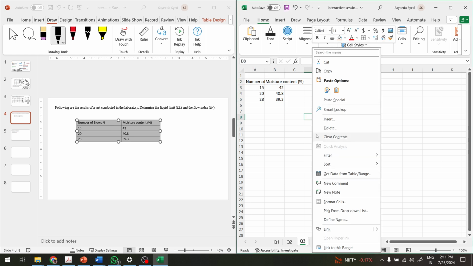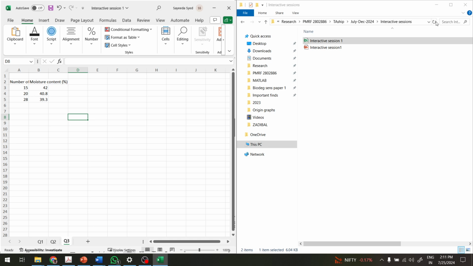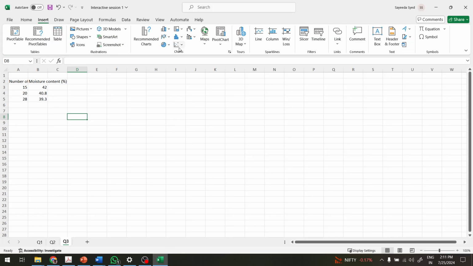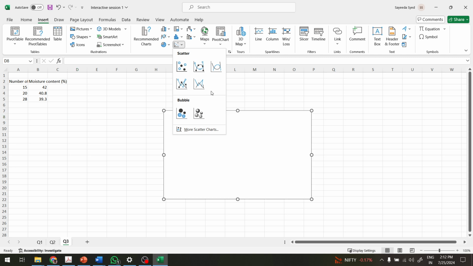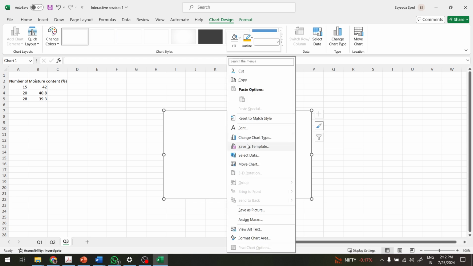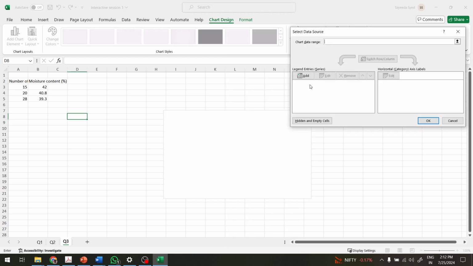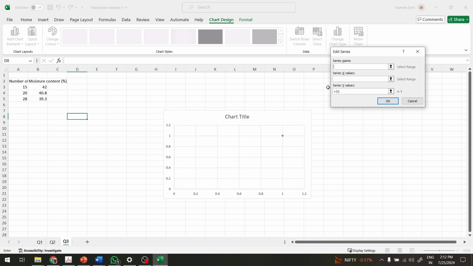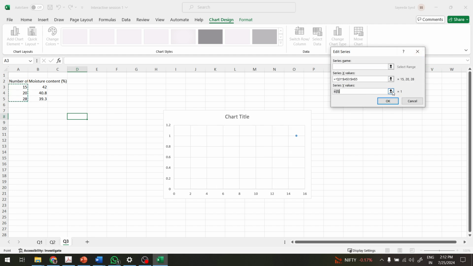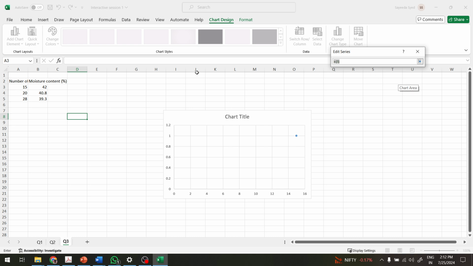So let us first draw a plot. On the x-axis, you will have the number of blows. On the y-axis, you will have the moisture content in percentage.